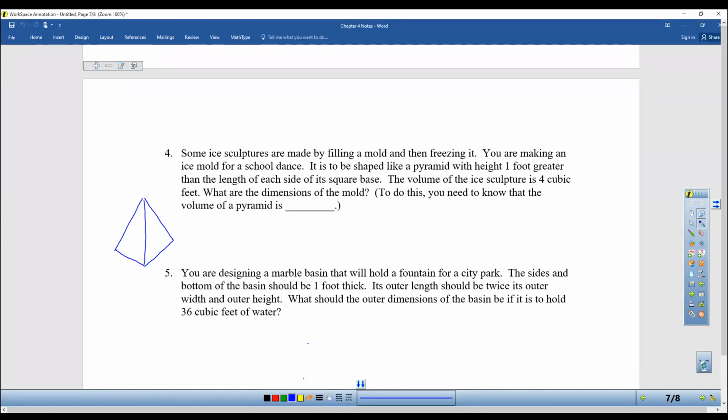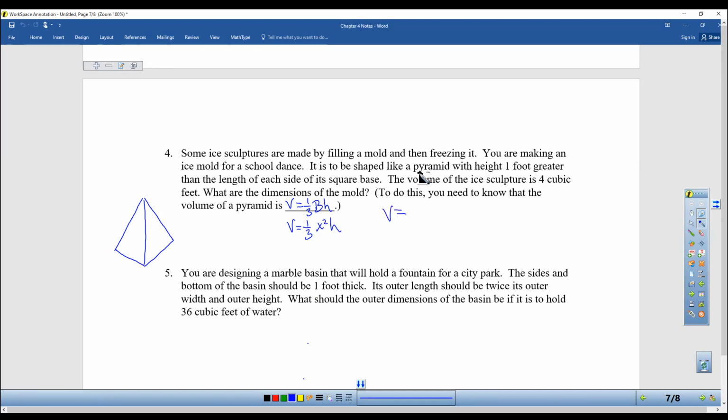So to do this, you need to know that the volume of a pyramid is 1/3 the area of the base times the height. But since our base is going to be a square base pyramid, some people might write it as 1/3 x squared h. Either formula is good to know.